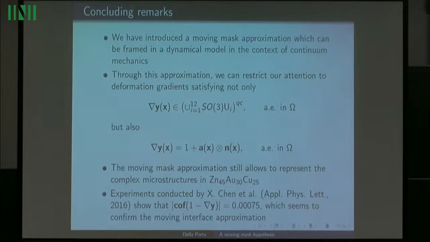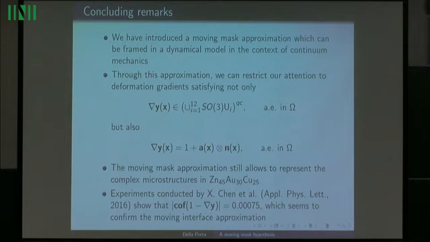What this moving mask approximation allows us to do is to restrict the set of possible microstructures that we can observe to a subset that satisfies this differential constraint. That means that the deformation gradient is equal to identity plus a tensor n.